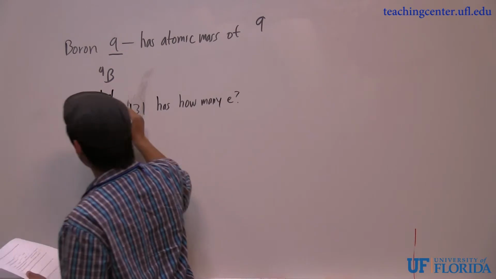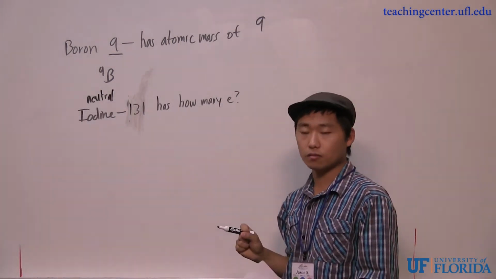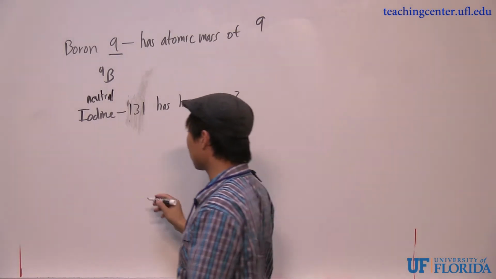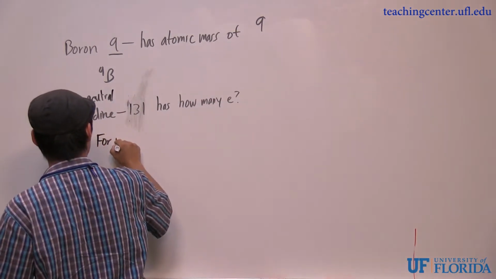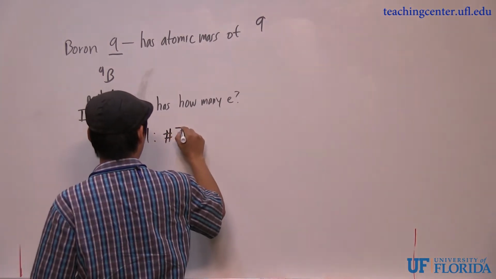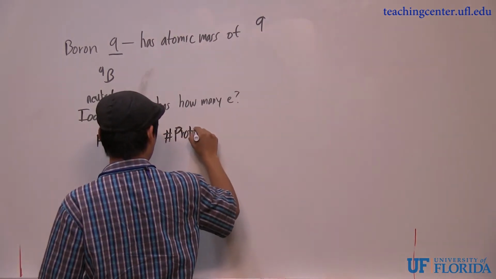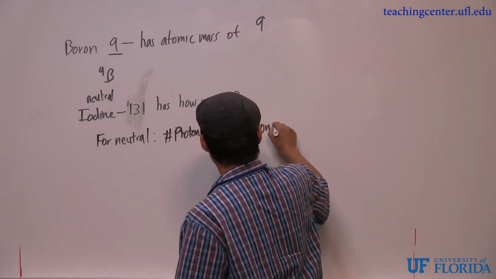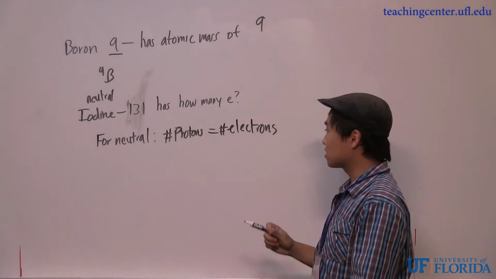So remember guys, whenever you have a neutral atom, the number of protons equals the number of electrons. So for a neutral atom, number of protons equals number of electrons. Okay? So that's the same here.